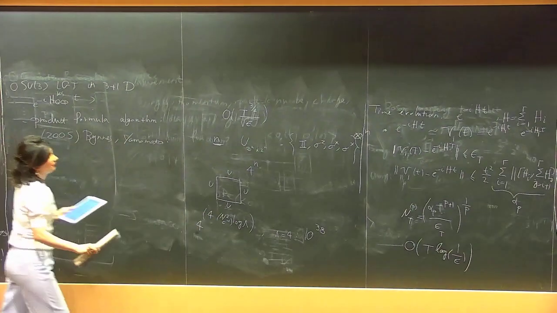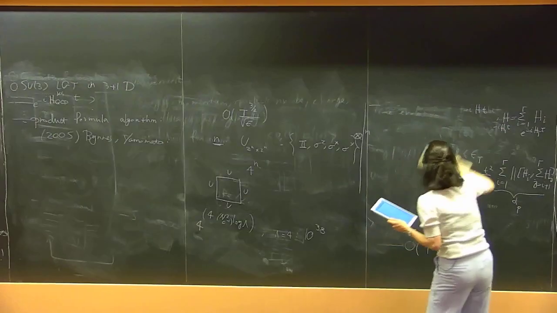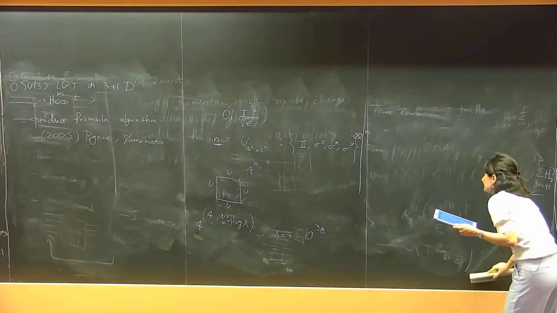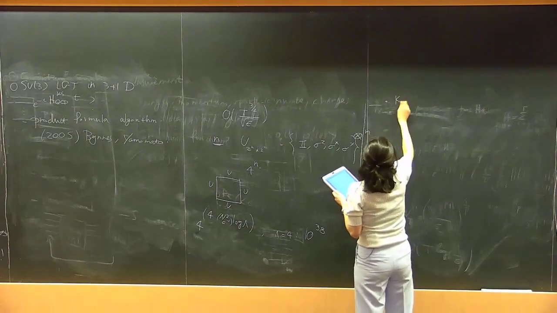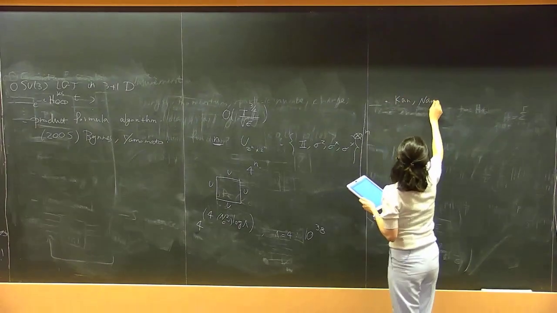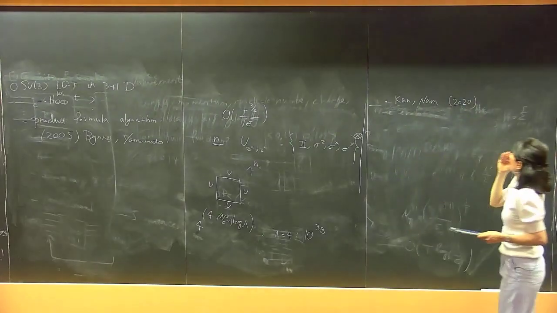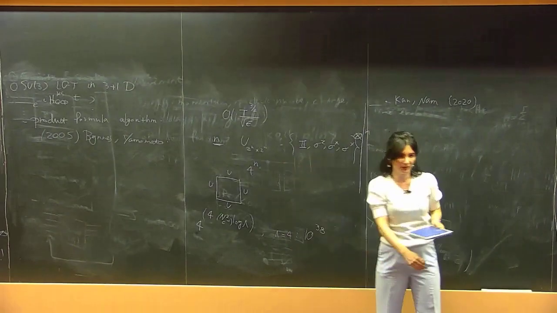So what else can you do? Then in 2020 or 21, there was this nice paper by Kan and Nam, where they say, okay, let's not do this naive decomposition.